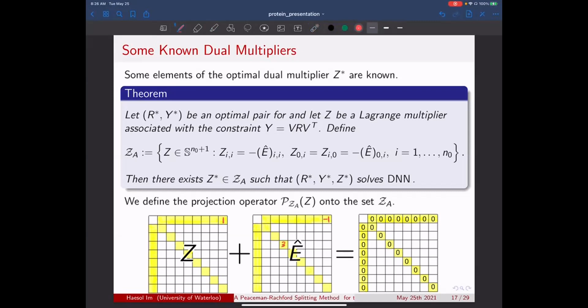Well, this is 3, then that corresponding entry in Z has to be -3. And E hat is the data, so we all know the numbers sitting in this matrix. So what this projection operator is doing is, whenever we put some matrix here, it always sets this yellow shaded region entry to be the negative of the matrix E hat. And in fact, this subscript A is coming from this picture because this yellow shaded region looks like an arrow. So this A is coming from the word arrow.